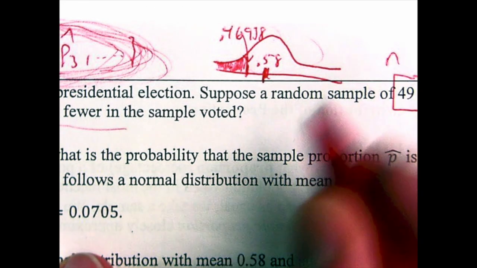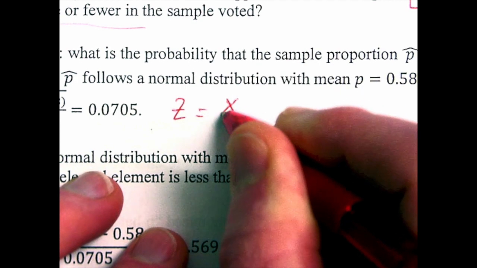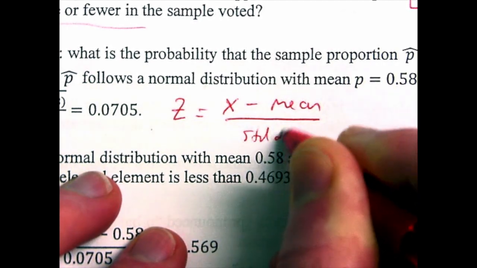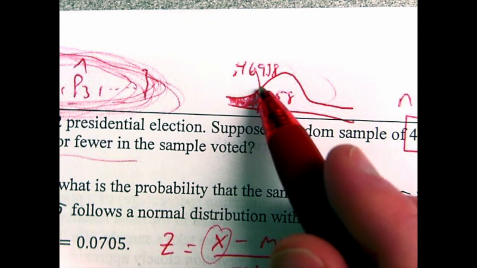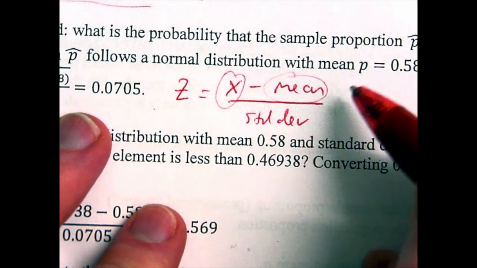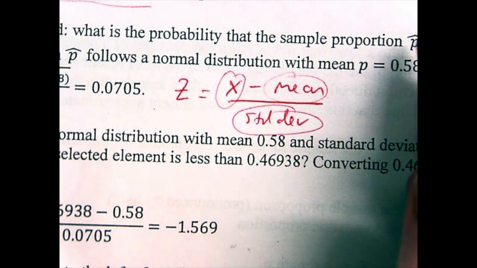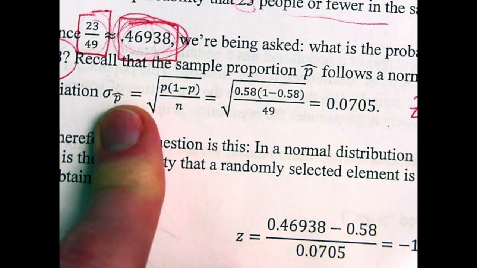Now, if you look at the z-score formula, z is equal to x minus the mean of your distribution over the standard deviation of your distribution. x is the number we're trying to convert. We know what that is. It's 0.46938. The mean of the distribution, we know what that is. That's 0.58. The standard deviation, though, we haven't computed yet. That's the sigma sub p hat. That's this thing right here. So we actually have to go and compute that.